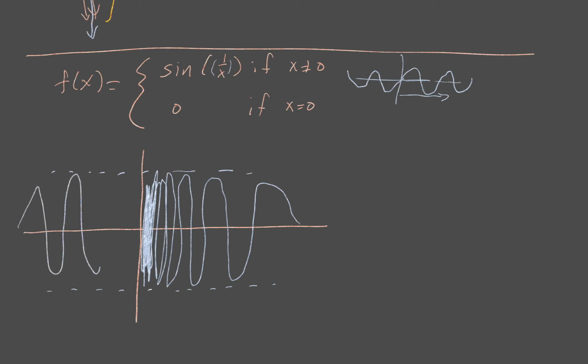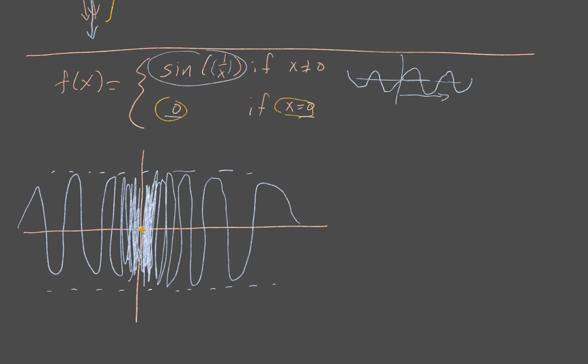It's going to oscillate, and then all of a sudden it's going to start getting really, really fast up and down. And then there's going to be a point right here in the middle because I've got 0, 0 on this graph. Okay. So I've got this point at 0, 0 from this, and then I've got the sine function when x is not equal to 0.